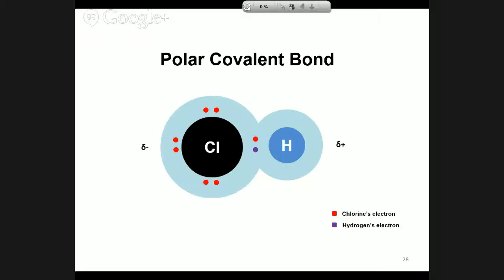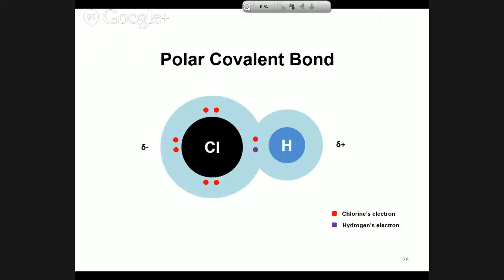These electrons will spend time on the chlorine side and on the hydrogen side. The way this model's suggesting, they'll kind of have a figure 8 orbit. But they'll spend more of their time with the chlorine side, and that'll make that side a little bit more negative, like the chloride ion. Not as negative as the chloride ion, but kind of like it.